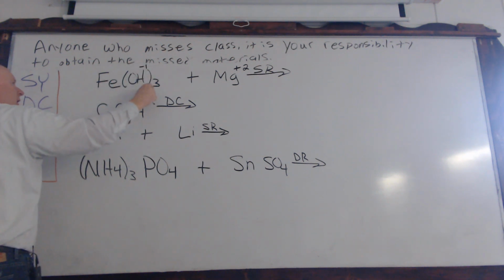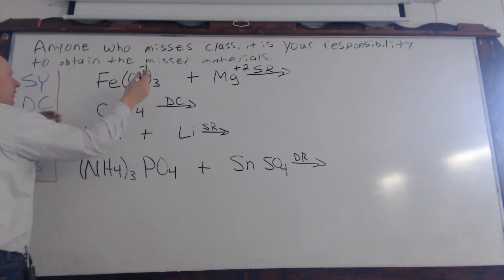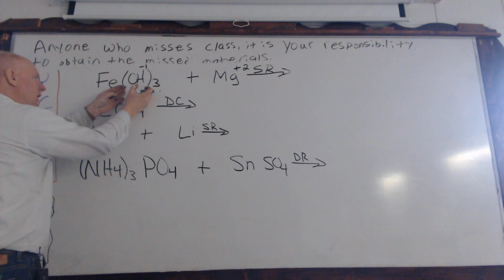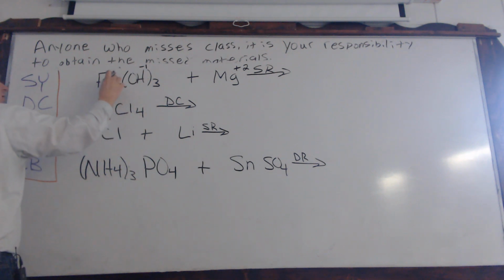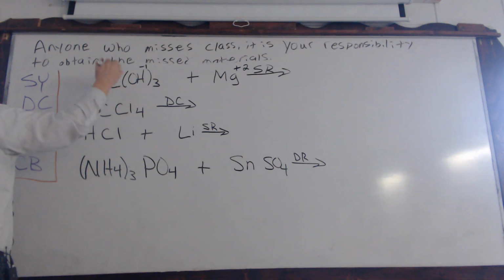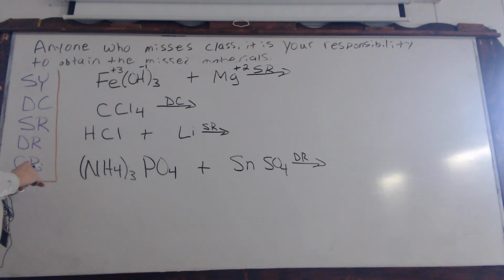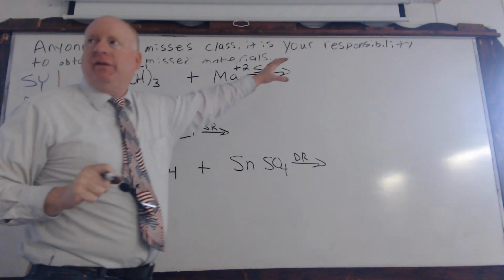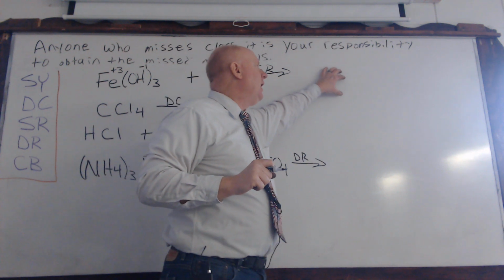Because there's a 3 outside that parentheses, this whole molecule has a charge of negative 3. So that must mean if there's only one iron atom, this has to have a charge of +3. The reason that you might want to do this first is so that you can balance this out on this side.